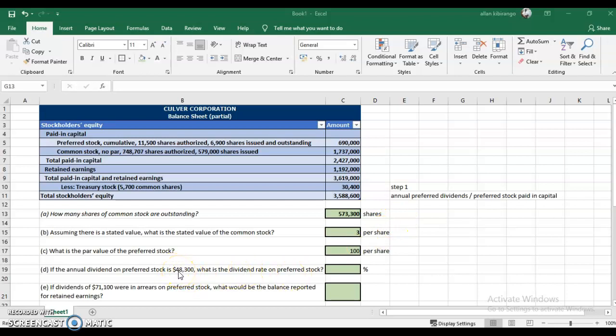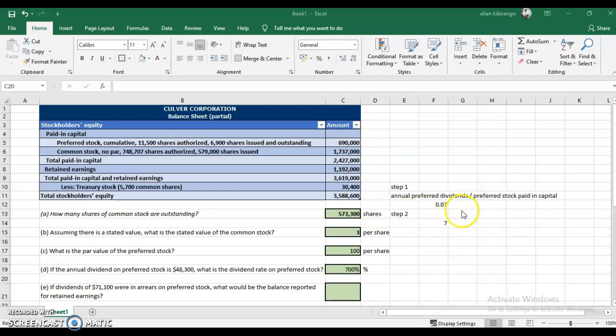It is $48,300. It's the one I'm going to use here. Equals 48,300 divided by the preferred stock paid in capital, which is 690,000, equals 0.07.